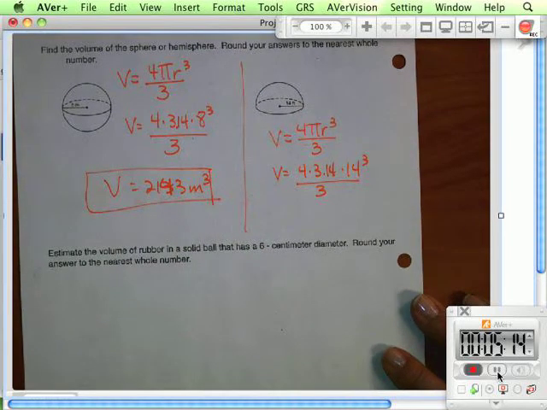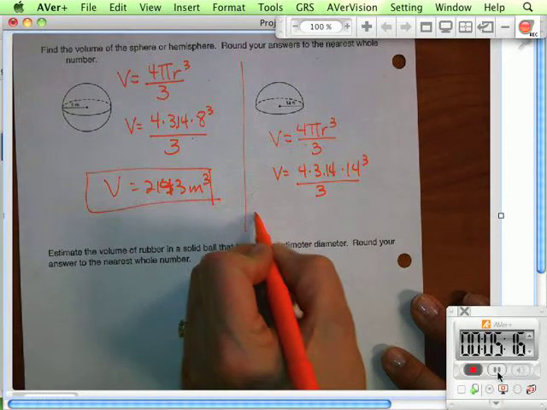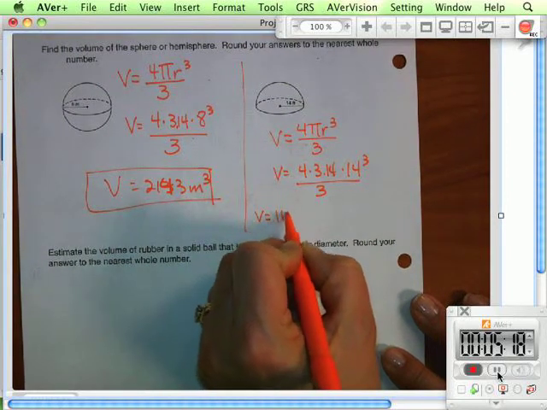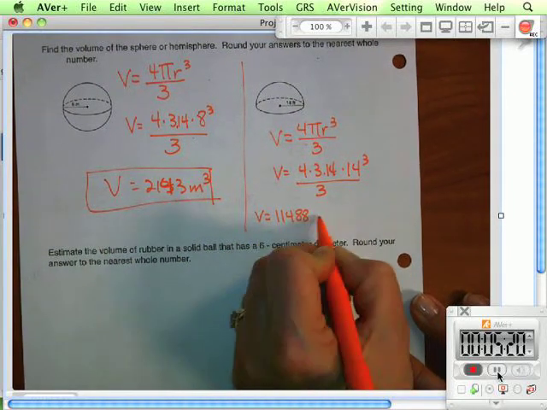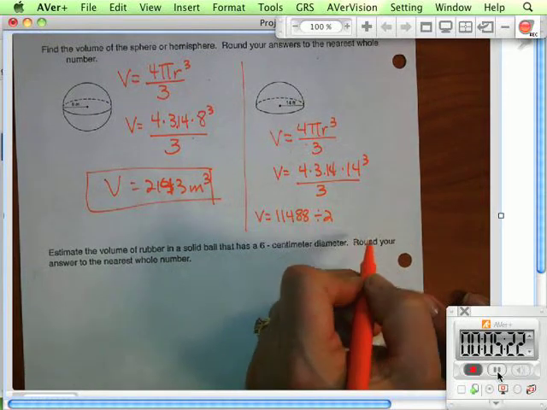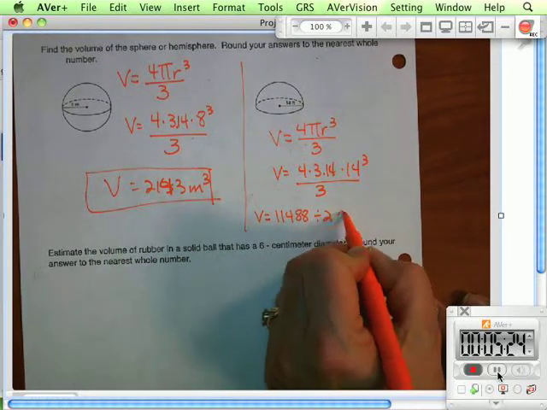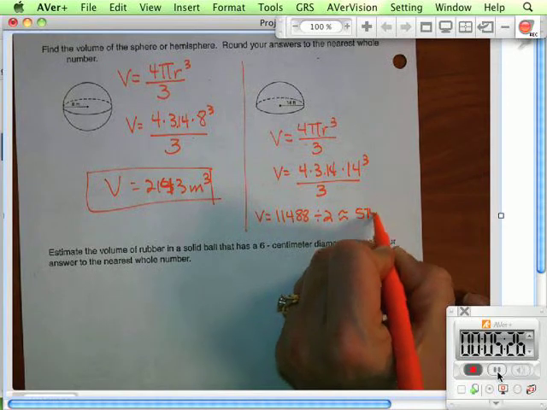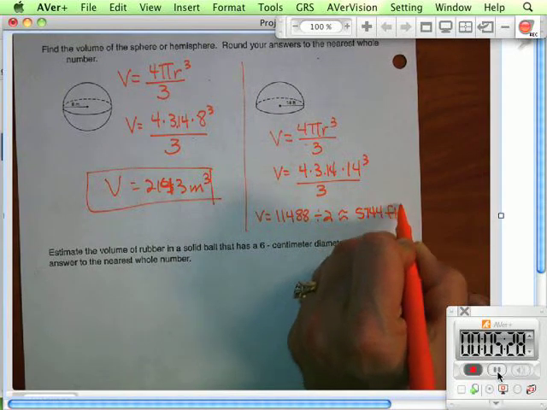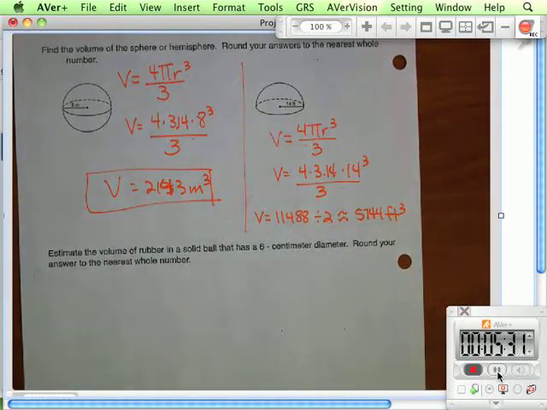You do all the math and you get this for the full volume, but you have to cut it in half because it's half of the sphere. Okay?